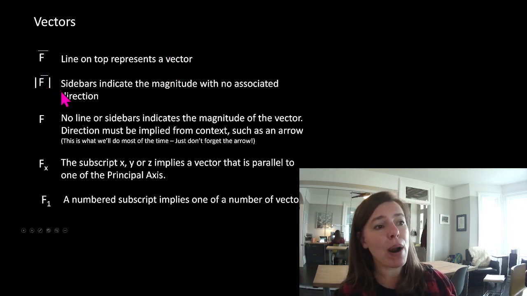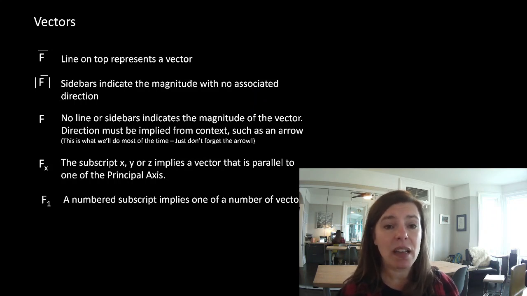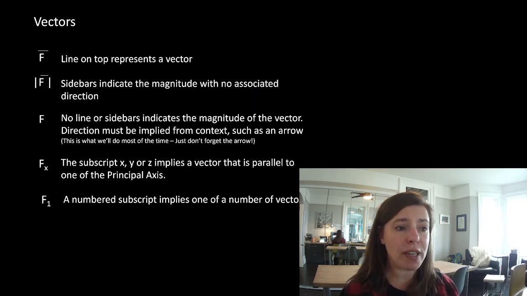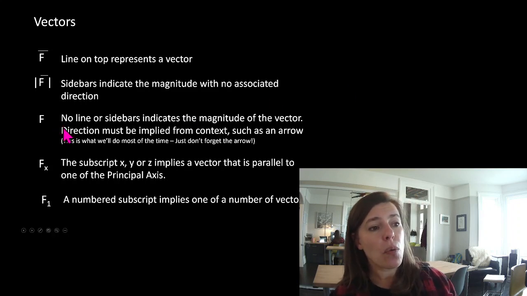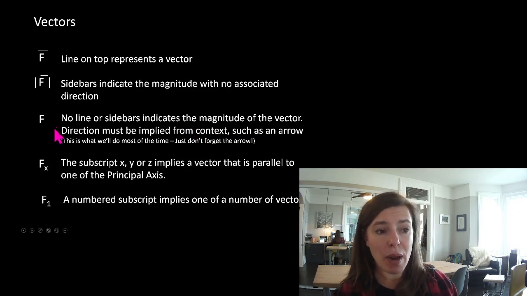If we have sidebars on it, we're saying that there's magnitude with no associated direction. We don't know where it's going. But vectors need a magnitude and a direction. So if we have a value with no lines or no sidebars, we need something to tell us its direction. So the value would be our magnitude.